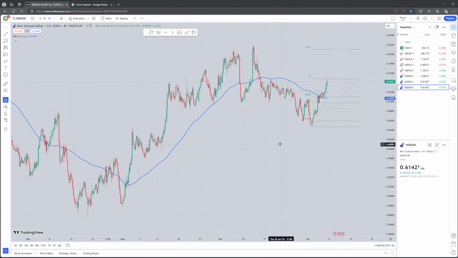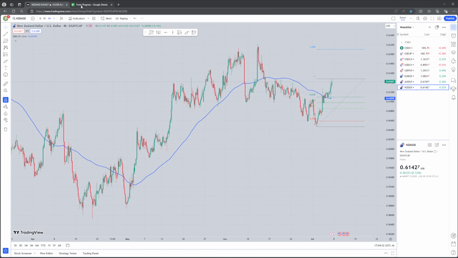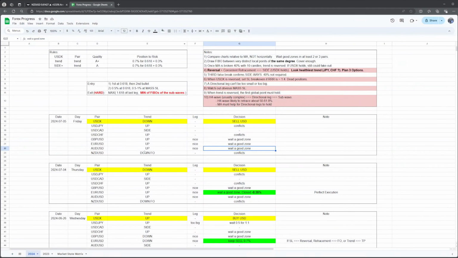So at this point the New Zealand dollar USD is still considered to have a downtrend, meaning that USD is getting strong against the New Zealand dollar. And again, this New Zealand dollar USD story conflicts with the USD index chart, and since it's conflicting, we will not force any trade. So at this point, we are confident that the USD index trend reversal happened.